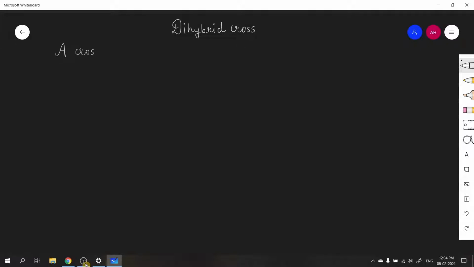So it is a cross between two parents differing in two contrasting characters. Alright, so we are going to consider two parents that differ in two contrasting characteristics.